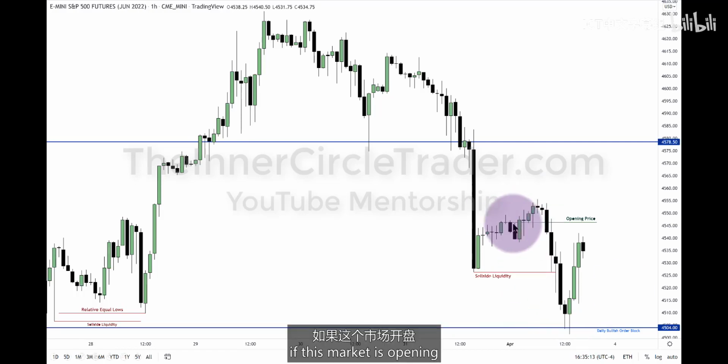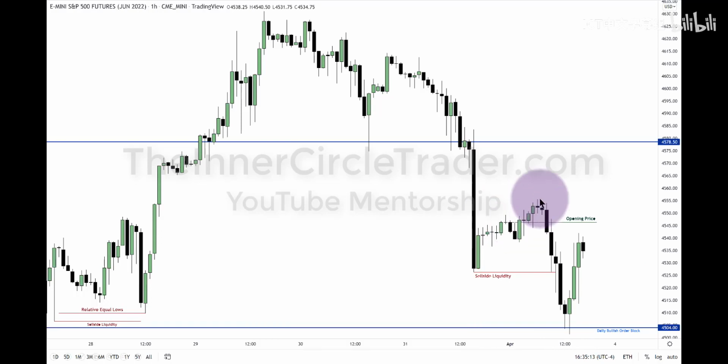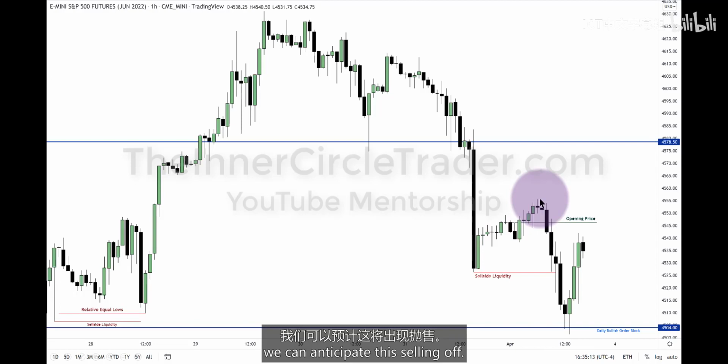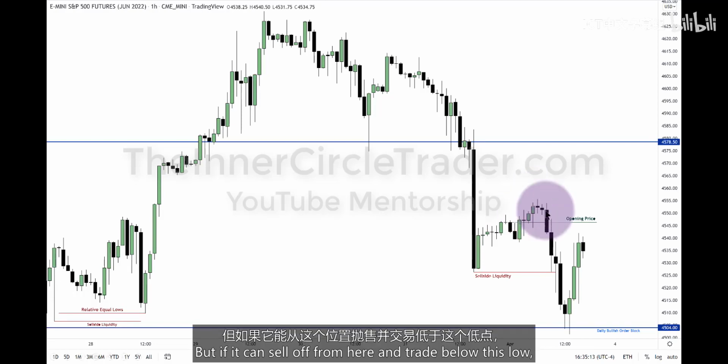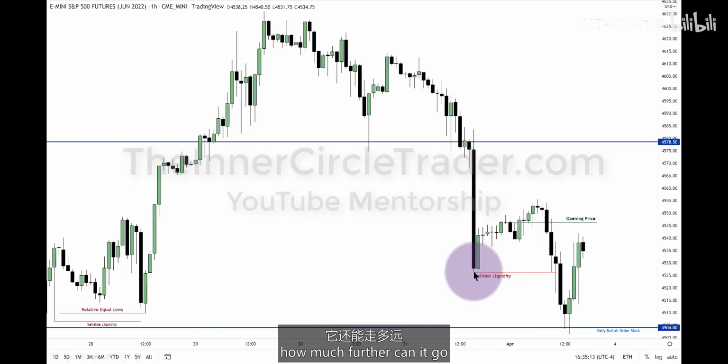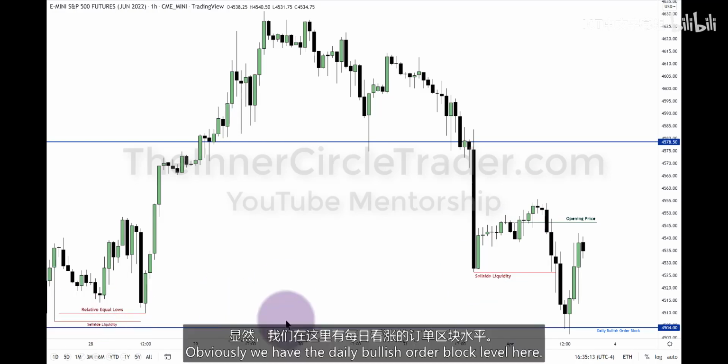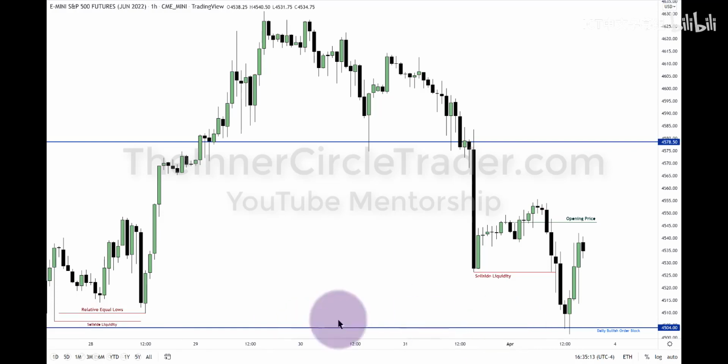So if this market's opening here at midnight and it starts to rally, we can anticipate this selling off. But if it can sell off from here and trade below this low, how much further can it go below these relative equal lows? Obviously, we have the daily bullish order block level right here.